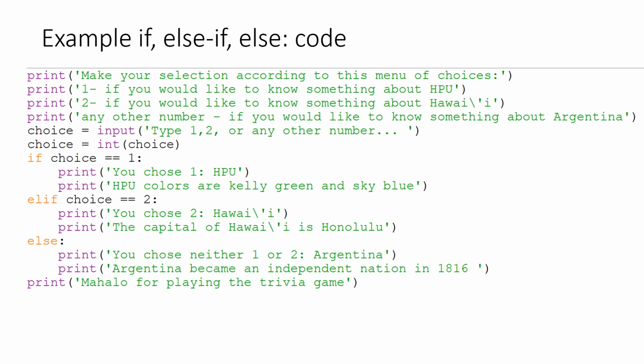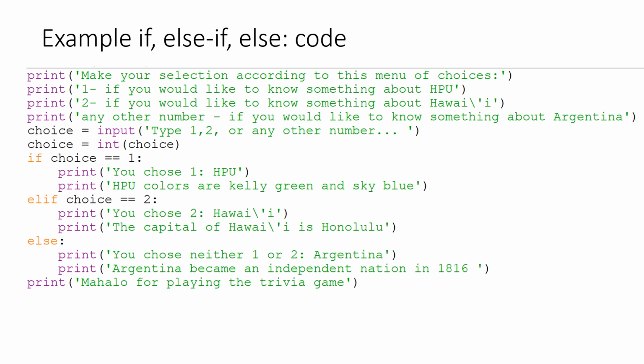EL for the beginning of else, and if, if choice equals 2, colon, then 2 output statements. In that case, you chose 2, which is Hawaii. The capital of Hawaii is Honolulu. And then else, it means any other number. You chose neither 1 or 2, which was Argentina, and then we display something about Argentina.